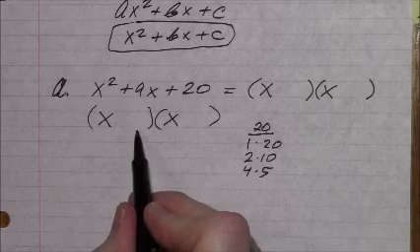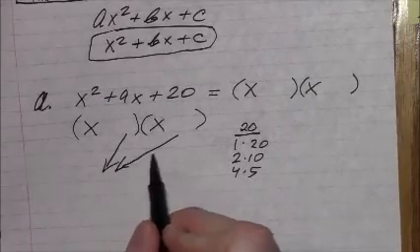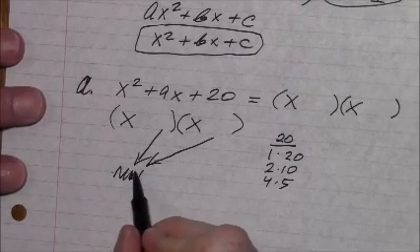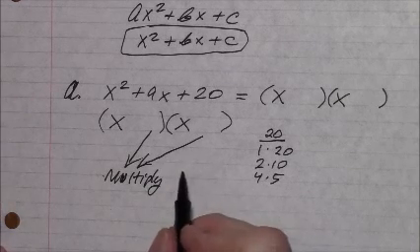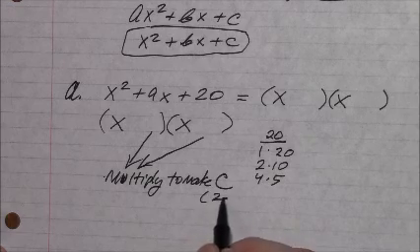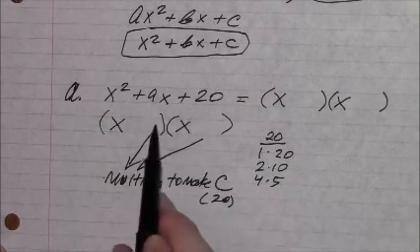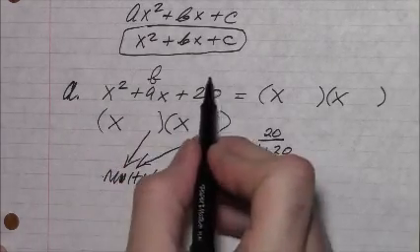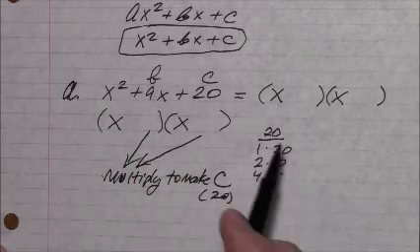We need that because we know that these two numbers here are going to multiply, let's make that look really like a U, there, to make C, which is the 20. But we also know that at the same time those two numbers are going to multiply to make this C, because remember that's the B and that's the C and the A is 1, following that pattern.